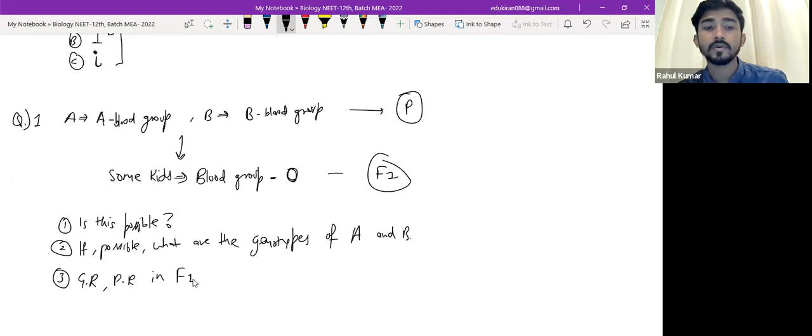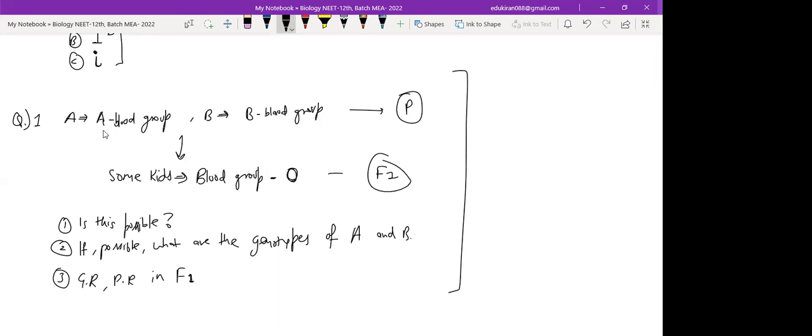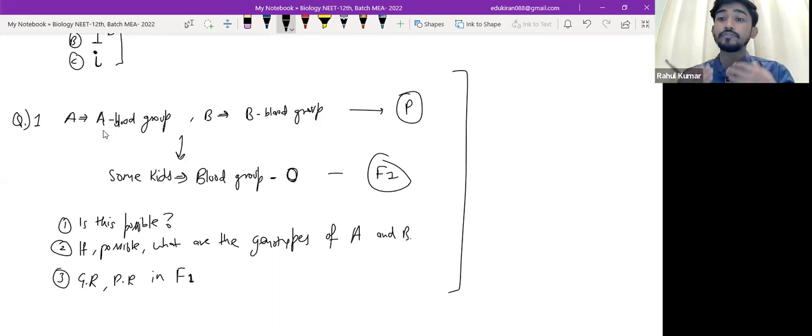Is it clear, everyone? The question is clear to all of you? Madhiya, is it clear? Yes, sir. There are two parents. One parent had blood group A and one parent had blood group B. The question is giving you phenotypes only. And there is a statement that some of the kids had blood group O. Now, first you have to tell me, is this possible?